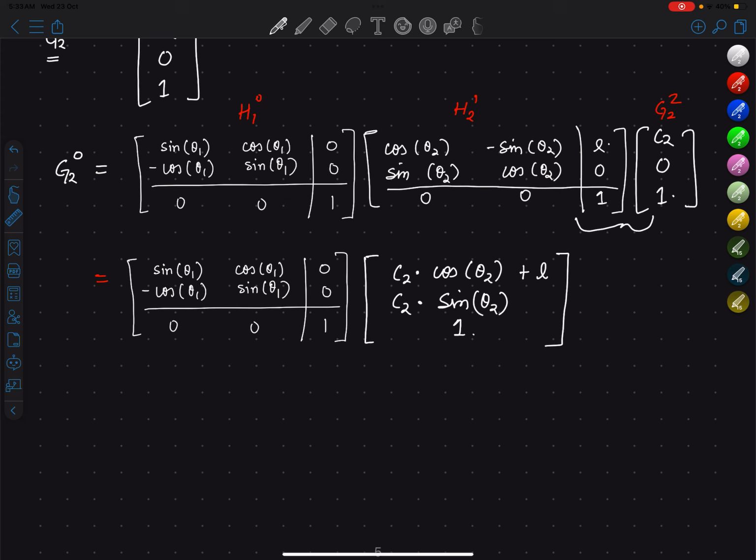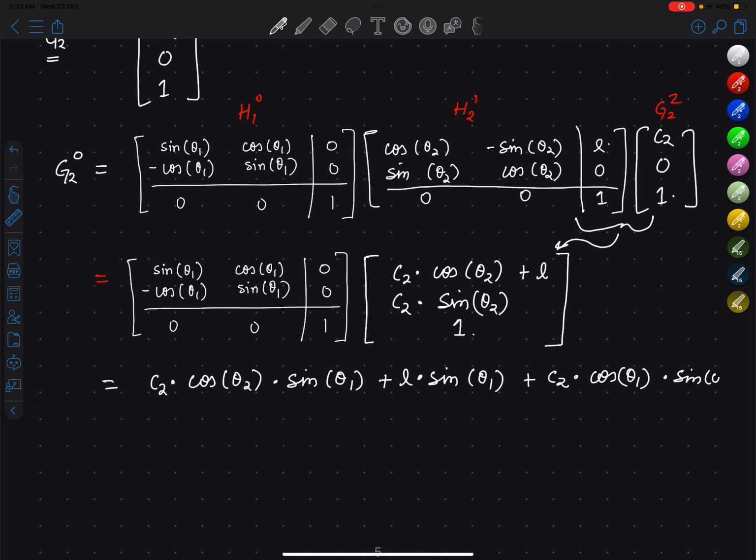Now let's take the final result. So this is C2 cos theta 2 into sine theta 1 plus L into sine theta 1 plus C2 into cos theta 1 sine theta 2. So this is the first element.